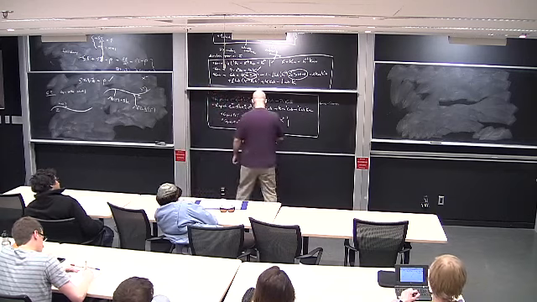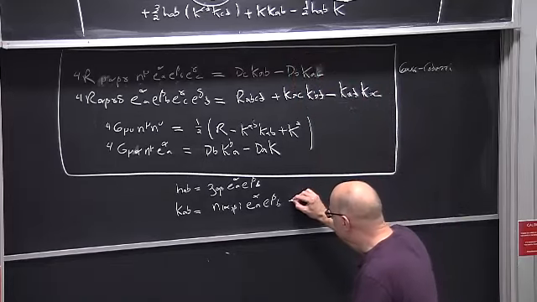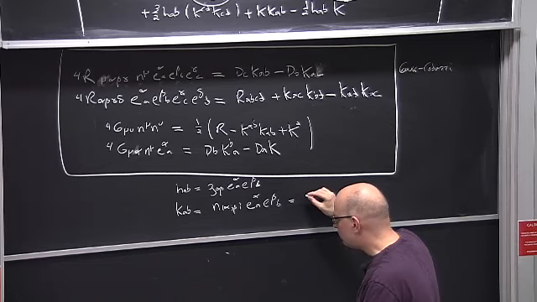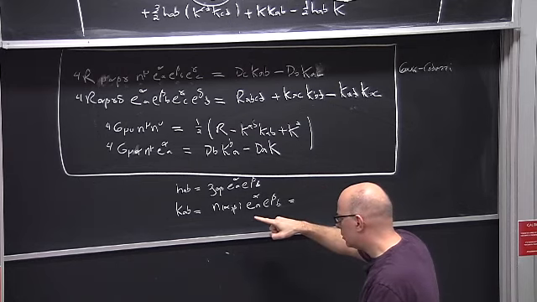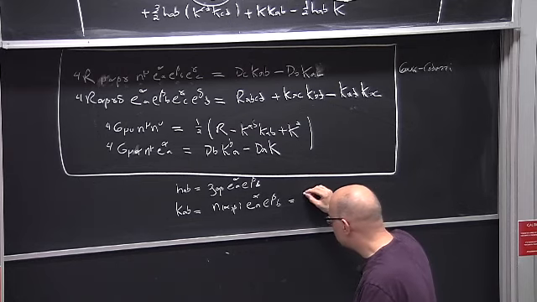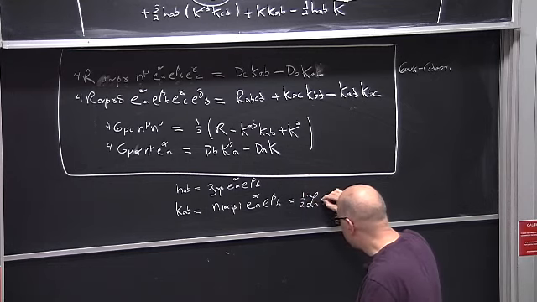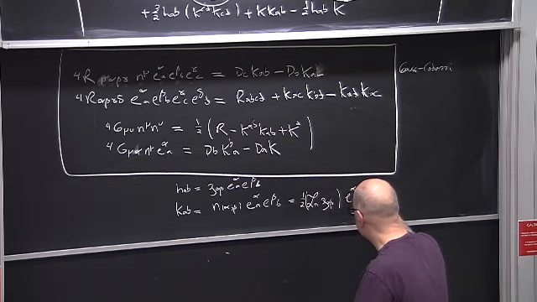One way of writing this equation that's completely equivalent is to say that this is, let's see, is there a half here? No, this is half the Lie derivative of the metric in the direction of the normal vector, projected down to the hypersurface.